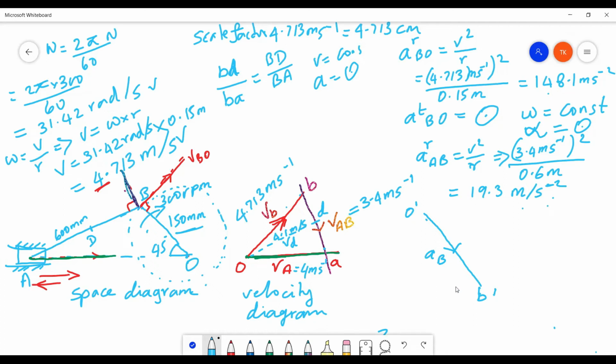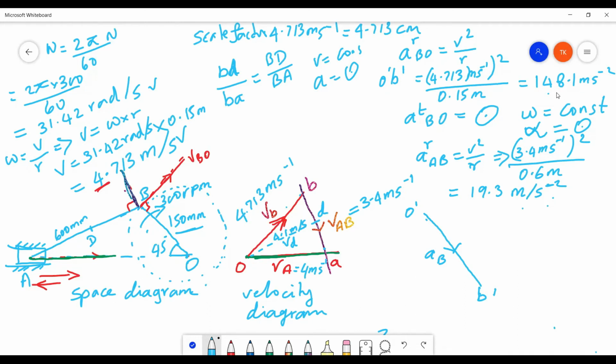We know O dash B dash is the radial acceleration, which I have already found: 148.1 meter per second square. So now I have to choose a scale factor again. This scale factor need not be similar to the earlier scale factor. You can change it. So this 148.1 meter per second square, you can take as 14.81 centimeter.